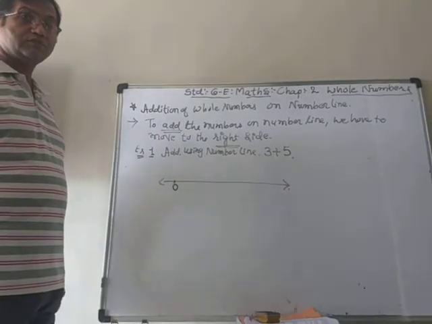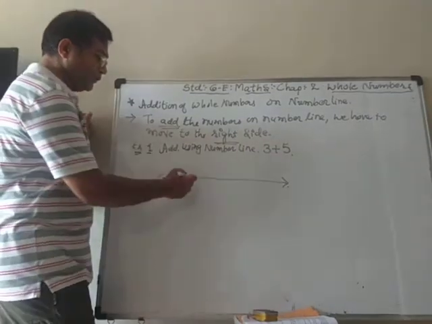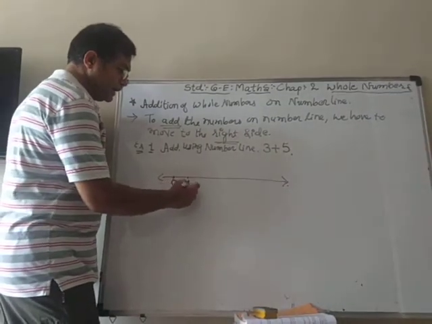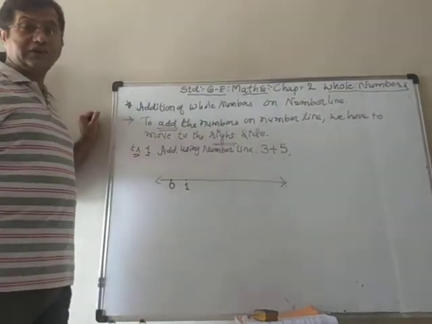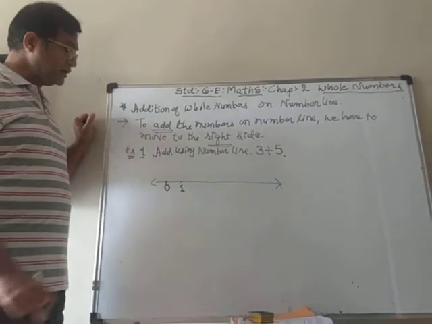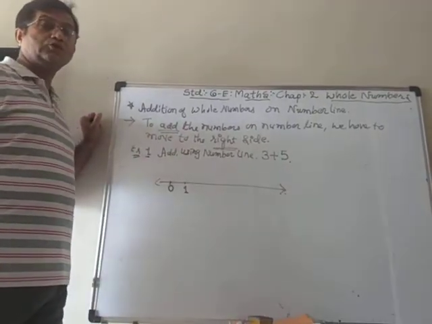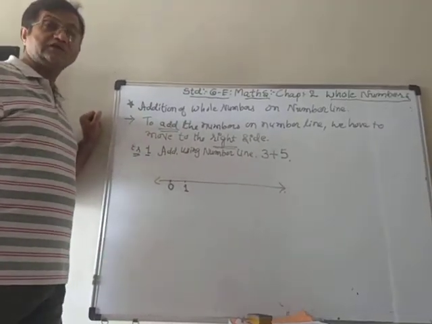Then as we learned in the previous video, you have to put somewhere 1, and that length will be the unit. And then at the same unit length, you have to place the other numbers.